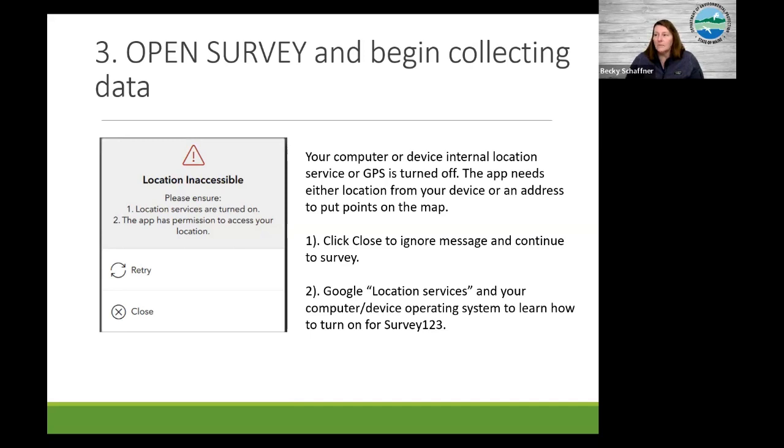It's no big deal. The only thing that it will do is prevent you, if you're collecting data out in the field, if you're on the site, you won't be able to get the location of the house that you're surveying. But there's a way around that, which I'll show you.